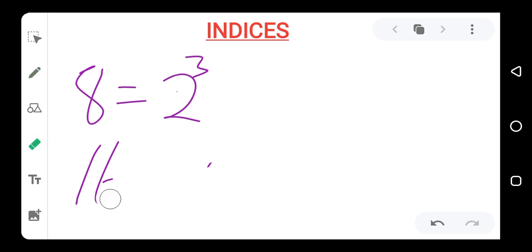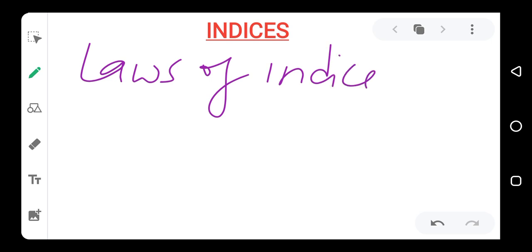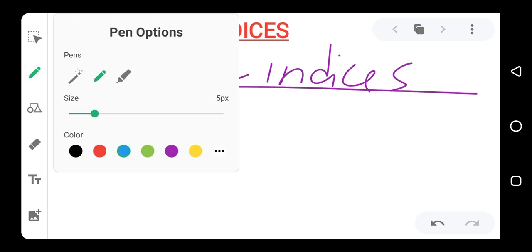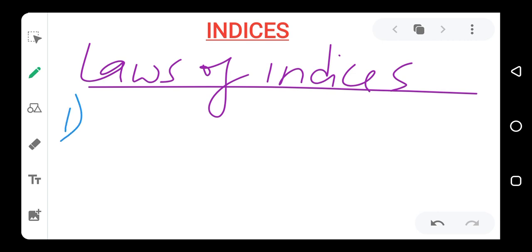The first law is the law of multiplication. If we have a raised to power x times b raised to power y.